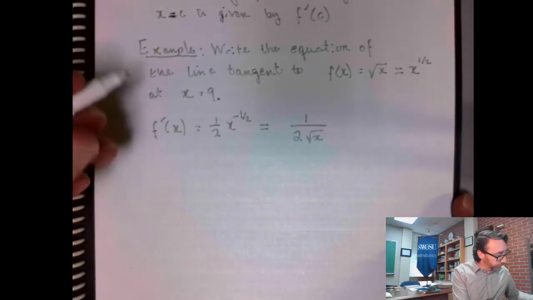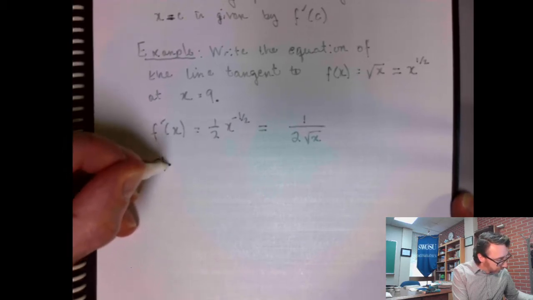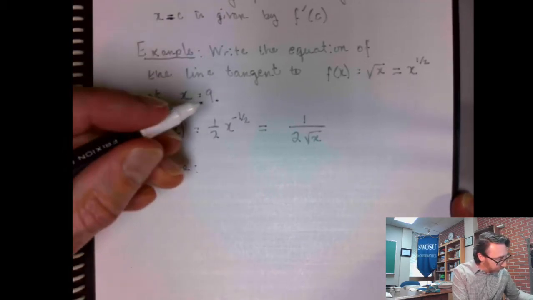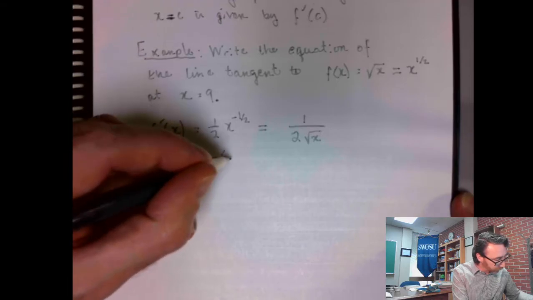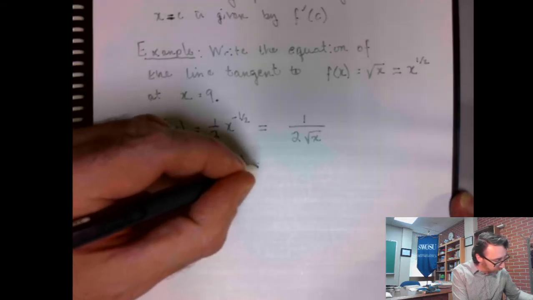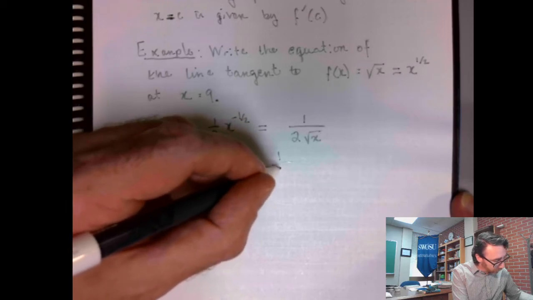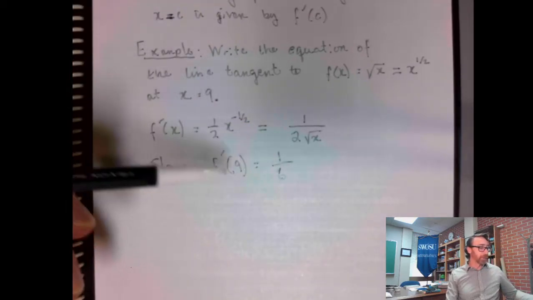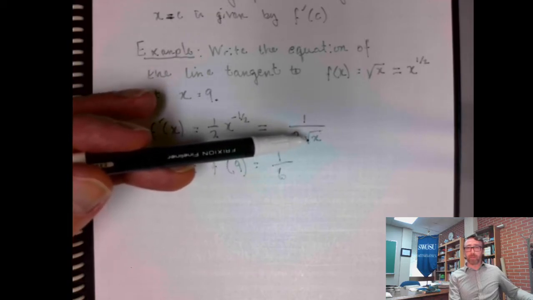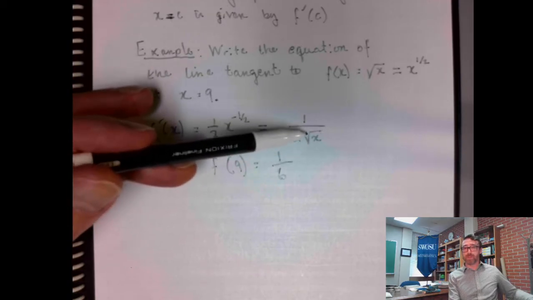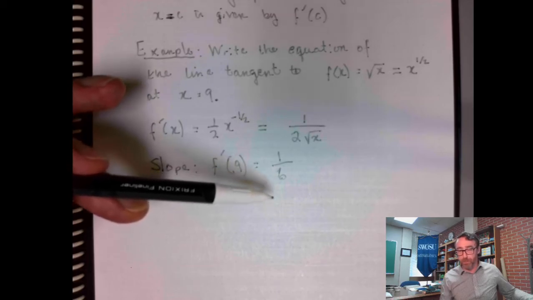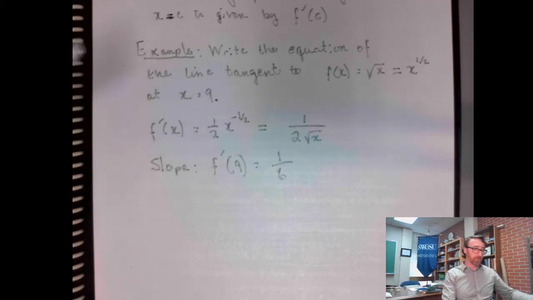Okay, so the slope of our tangent line, since we're dealing with x equals 9, we'll plug that value in. And I'll just jump to the punchline right there. If you plug in x equals 9, square root of 9 is 3, 2 times 3 is 6. So the slope of this tangent line is 1/6.